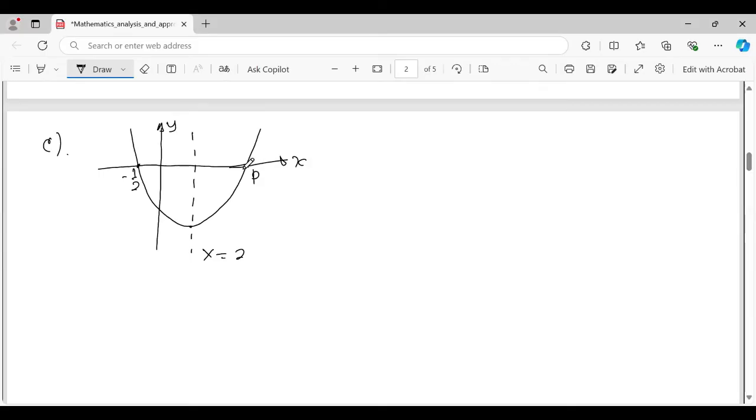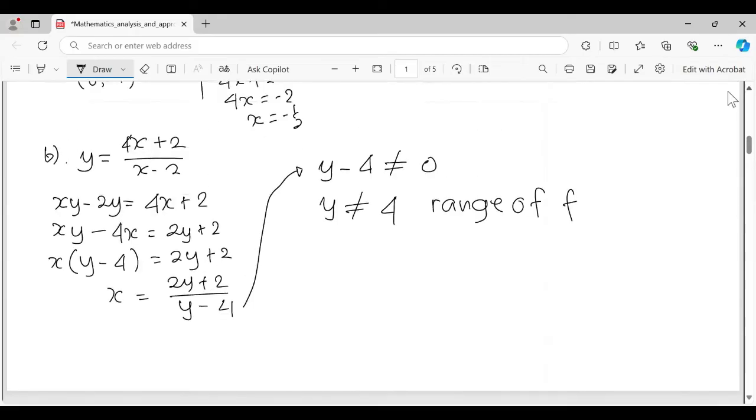Now we are going to determine p. The distance from 2 to minus half is 2.5, so the distance from 2 to p is 2.5. So p equals 2 plus 2.5, or 4 half, or 9 over 2. So p equals 9 over 2. Proved that p equals 9 over 2.